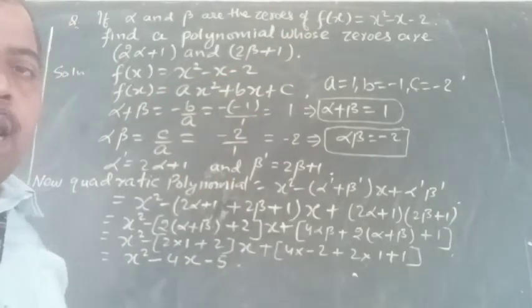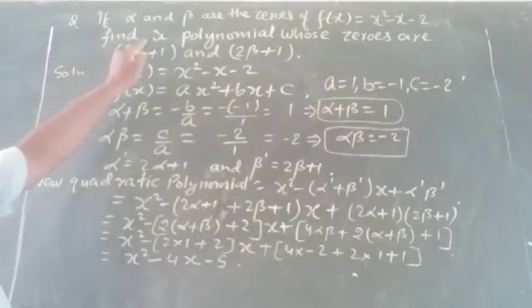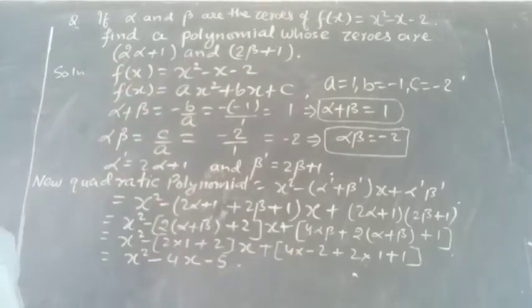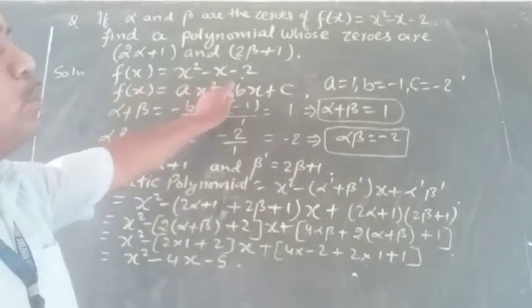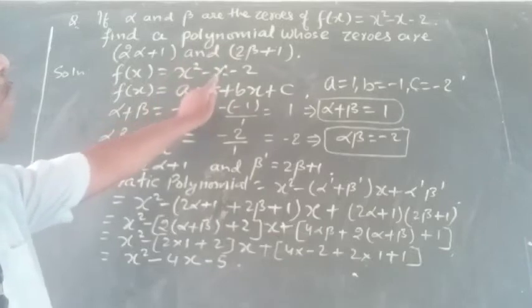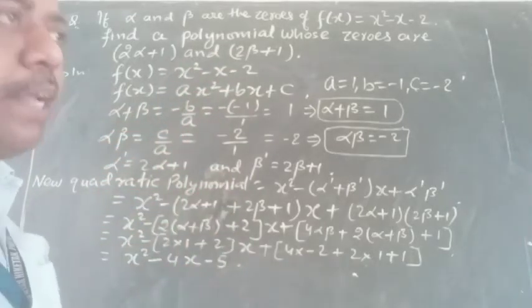Now, we have to find another polynomial whose zeros are 2 alpha plus 1 and 2 beta plus 1. Make me the clear meaning. One quadratic polynomial you have. From this polynomial you find the value of alpha plus beta and alpha into beta.